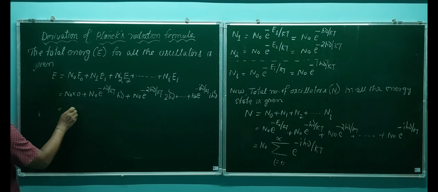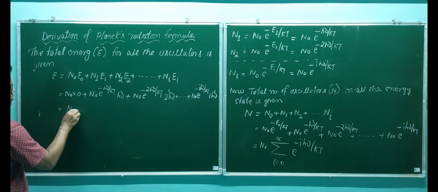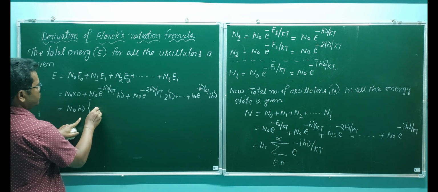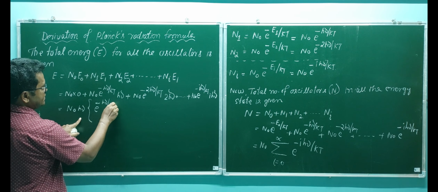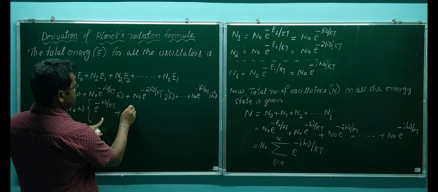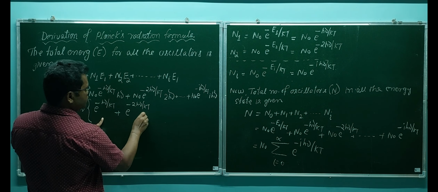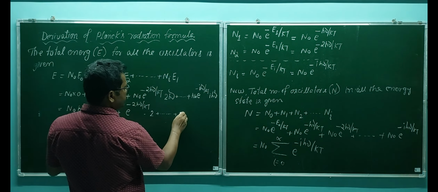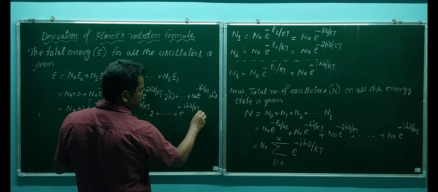Now take N0 h nu common, so we get N0 h nu times e to the power minus h nu by kT plus 2 e to the power minus twice h nu by kT plus and so on up to i e to the power minus i h nu by kT.